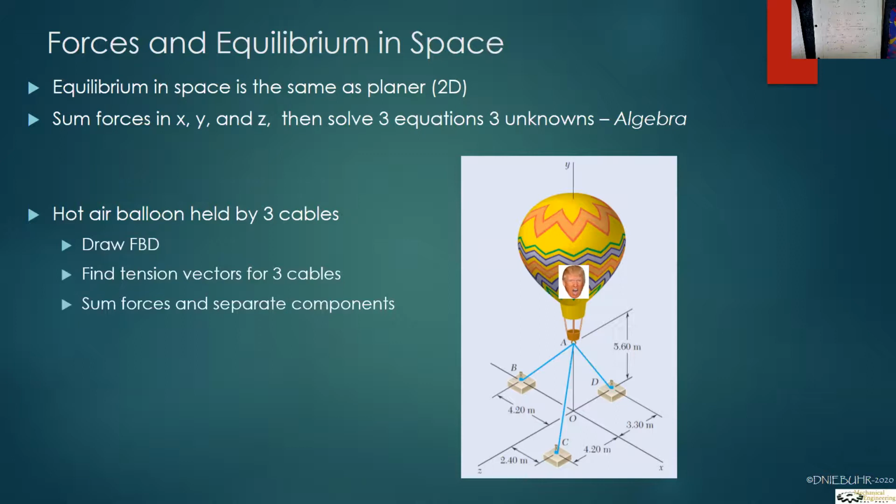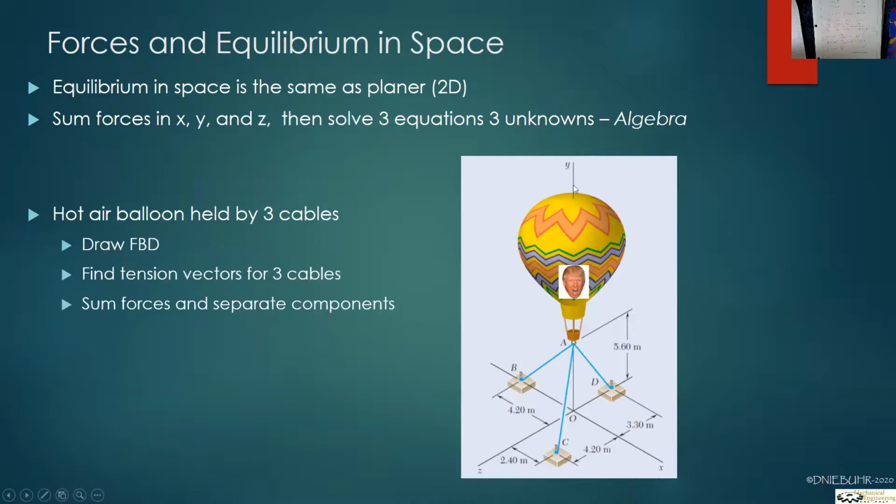So here we have our problem. We have our hot air balloon, full of lots of hot air. We want to first draw the free body diagram for it. What we're trying to do in this one is find the tension in the three cables.